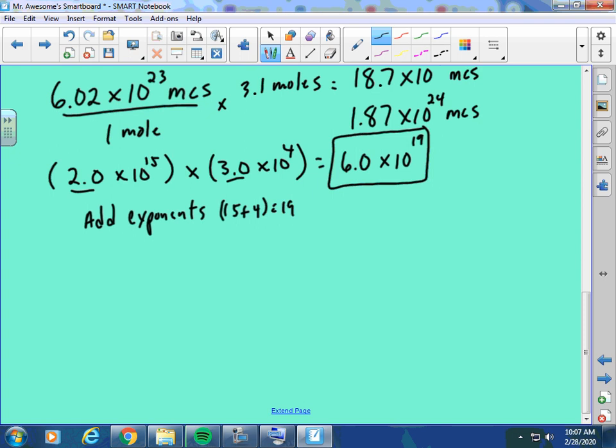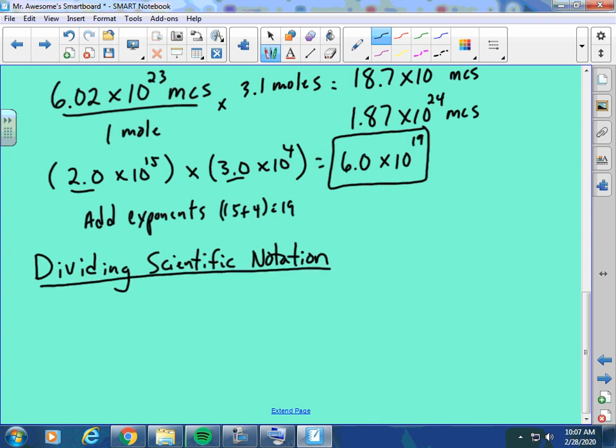I don't know, I just made that up. So if we are doing this type of problem, we are going to have to divide scientific notation.